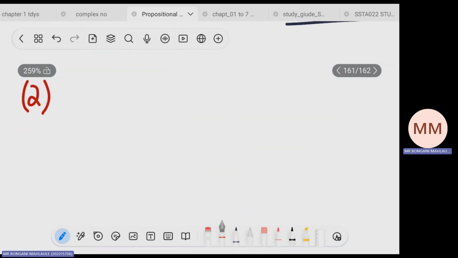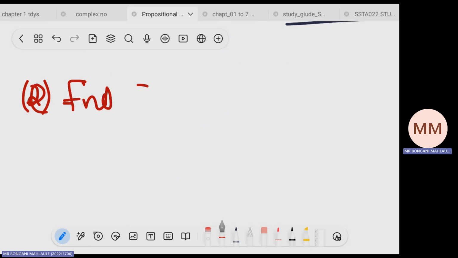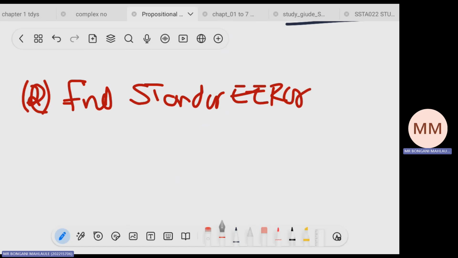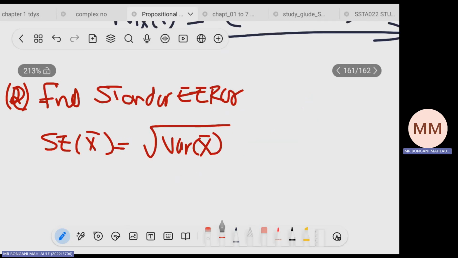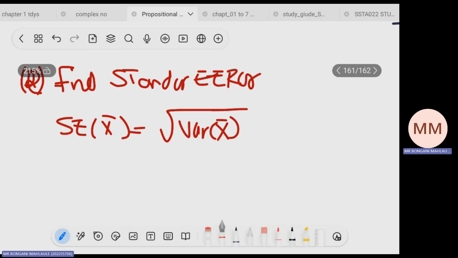This is letter E. To find the standard error, this is the square root of the variance. So it means you must first know your variance, right?